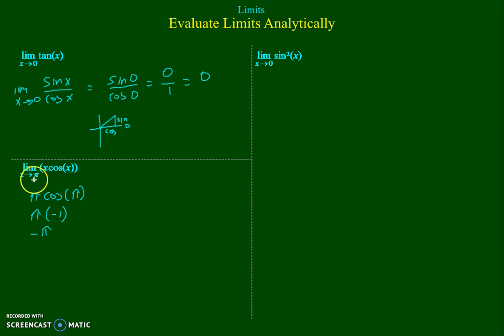So that's the limit as x approaches pi of x cos x. Now for the last one, this is equivalent to sine x squared. We know the limit as x approaches 0 of sine x is 0, so this is going to be 0 squared, which is simply 0.